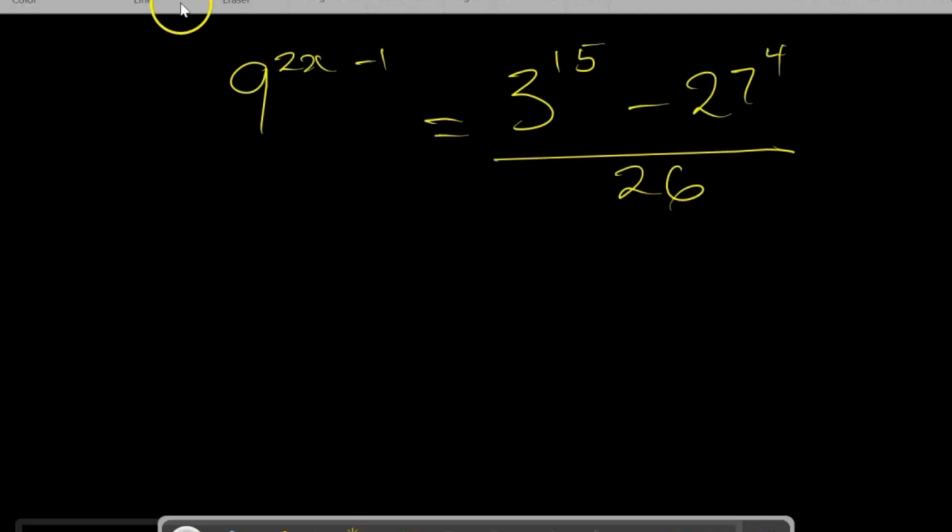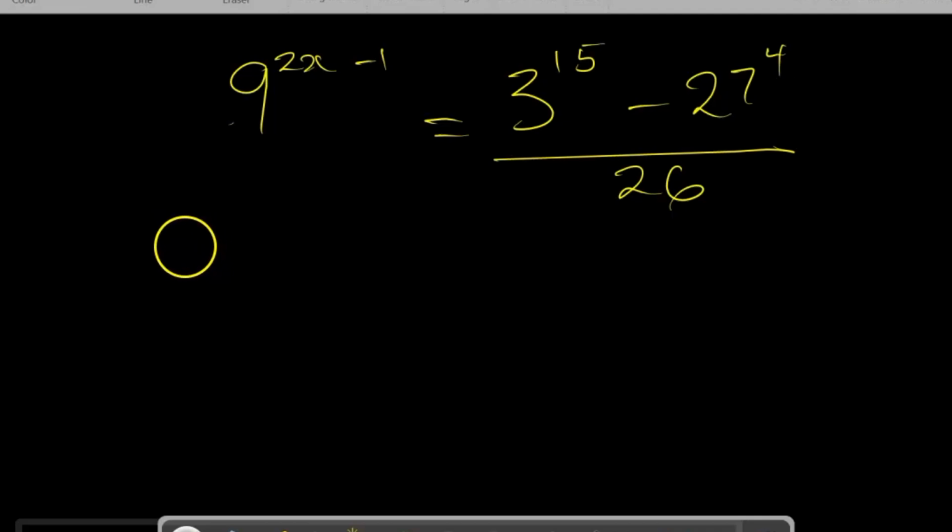Now, this 9 can be taken to a number in base 3. This 27 can be taken to a number in base 3. Remember, 9 is 3 raised to the power of 2, and 27 is 3 raised to the power of 3.